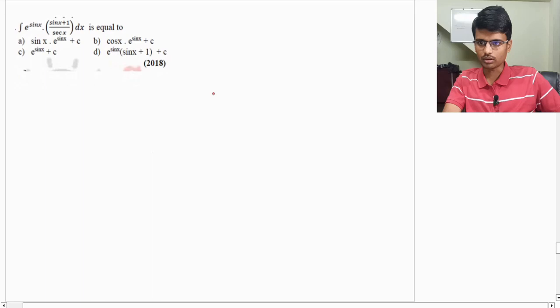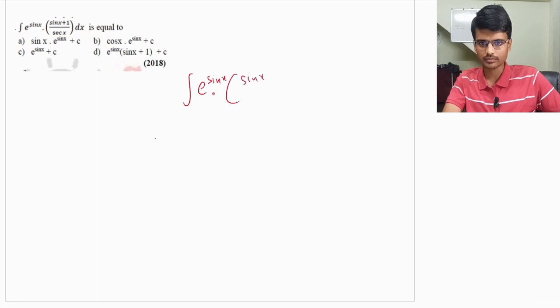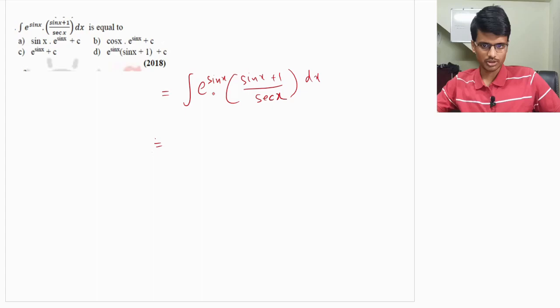Okay, what have we got? We have got e power sin x plus 1 by sec x. So here I can use the substitution method, no? So e power sin x, this is a very ugly looking term. I can use this substitution, t equal to sin x.